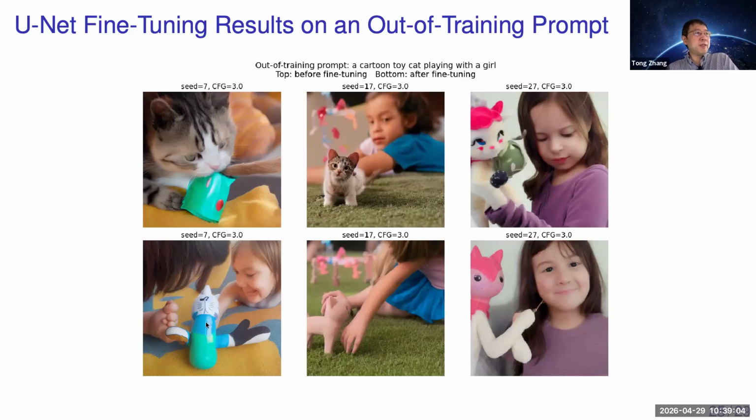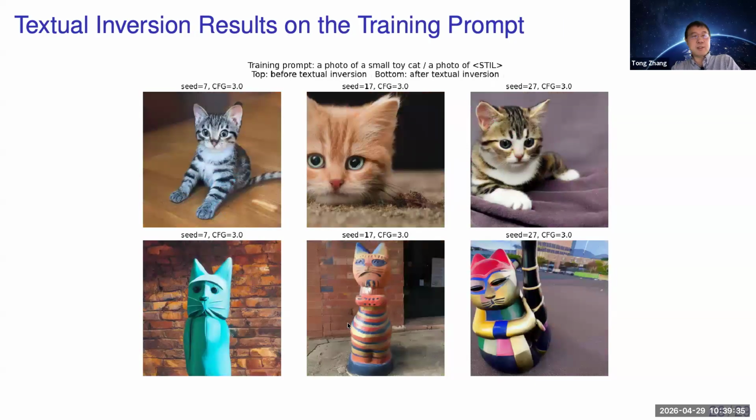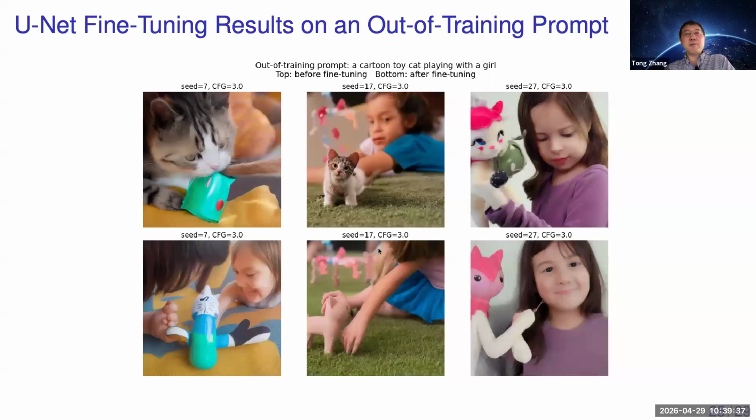But you do see a toy cat here, very similar to the one we showed, so it does tend to go there. Here I don't see a girl, so this one follows the prompt better. But this one is again somewhat similar to what you are showing, though the girl is a little bit strange. This one is also a bit odd. But overall, you can see from this cat to this cat that it does generalize to other prompts.